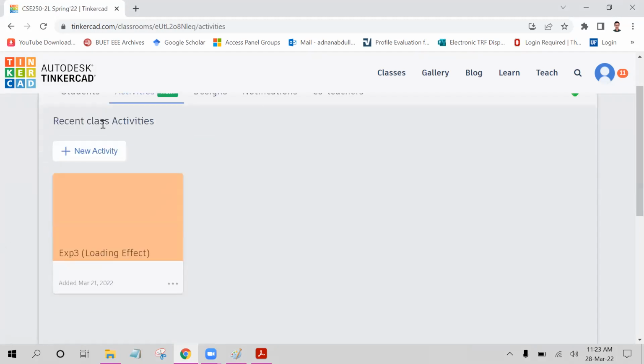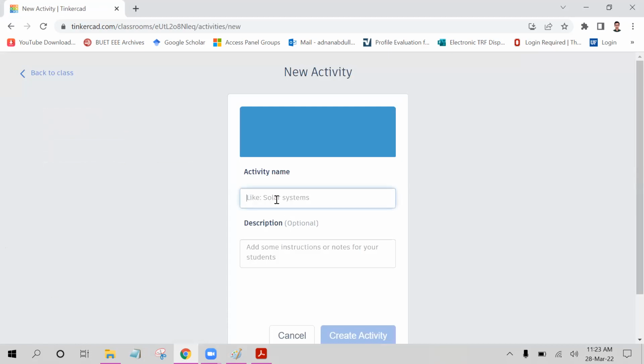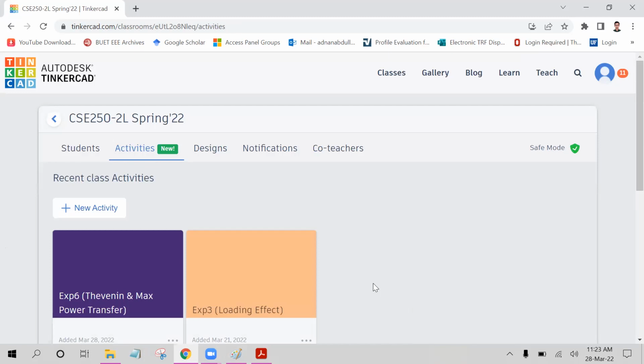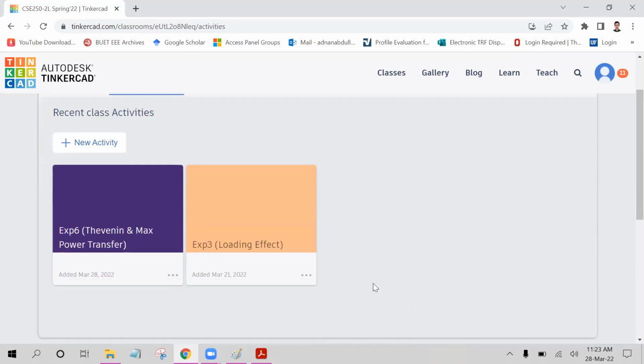Okay. So I'm creating a class activity. Everyone, please log in to your Tinkercad account and try to find this class activity.